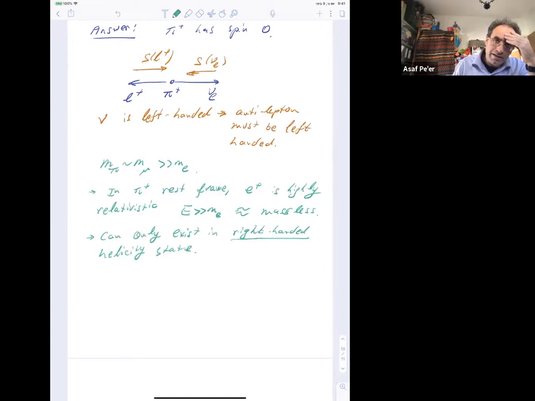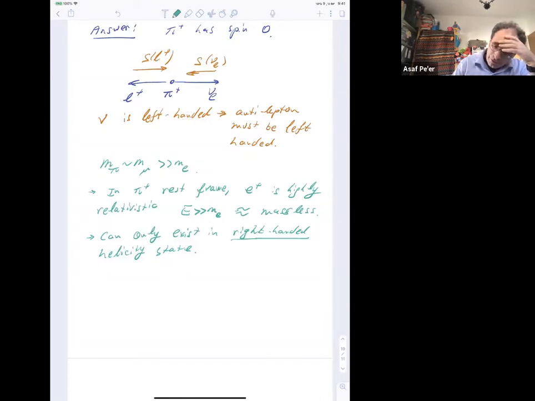But we just said that the decay of the pion in the rest frame requires the decay product to be the left-handed anti-lepton. That's why we rarely see it.